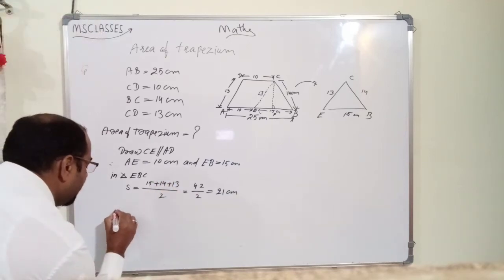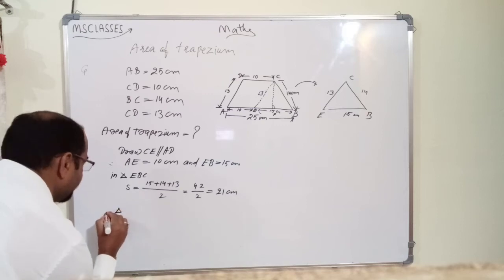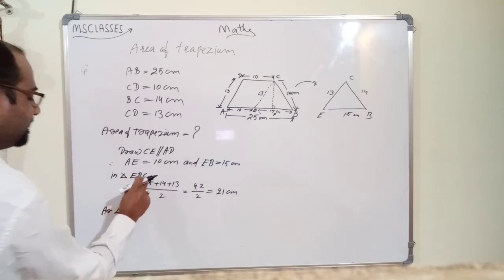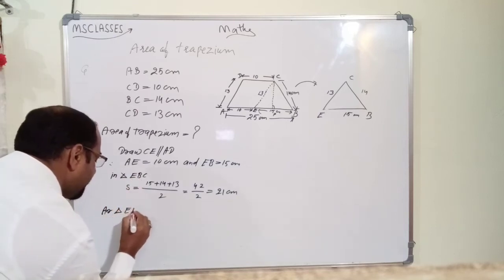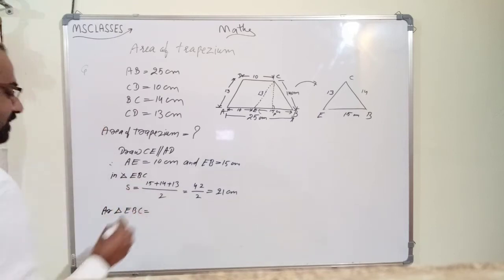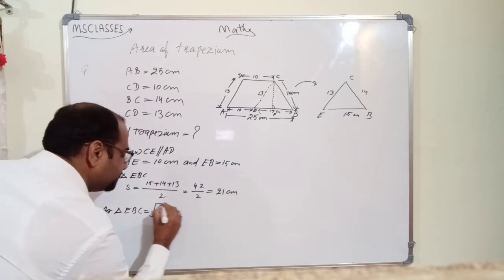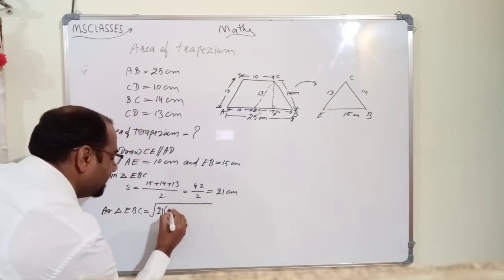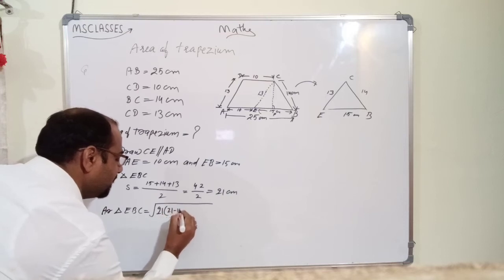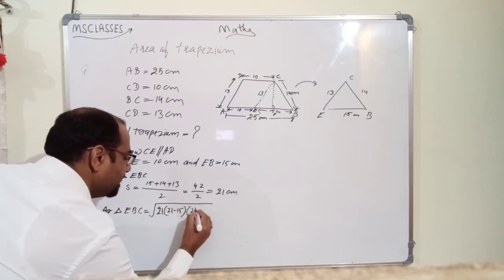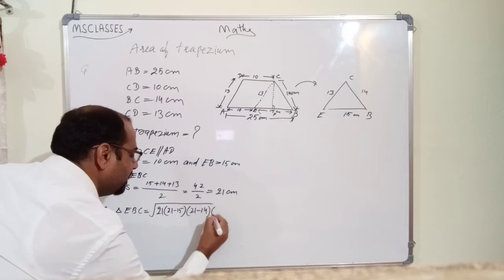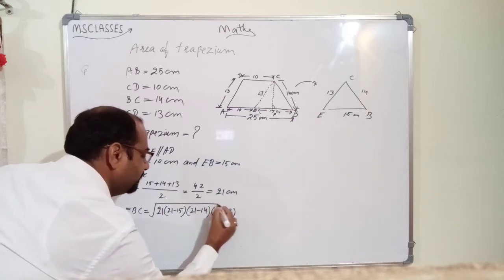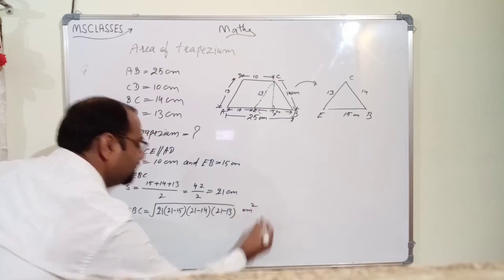Now the area of triangle EBC is equal to square root of S into S minus A into S minus B into S minus C centimeter square.